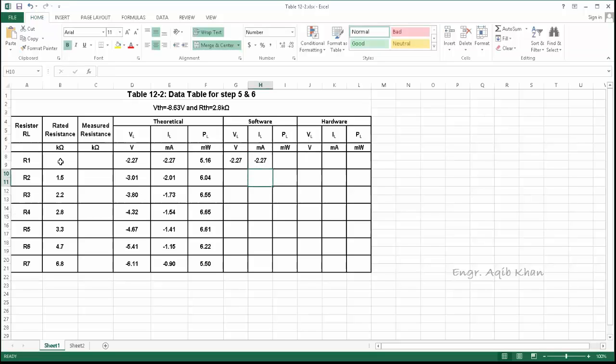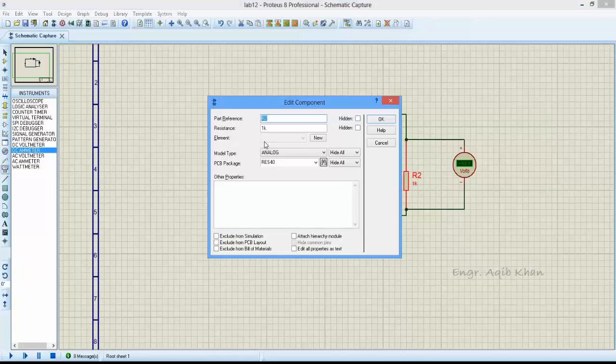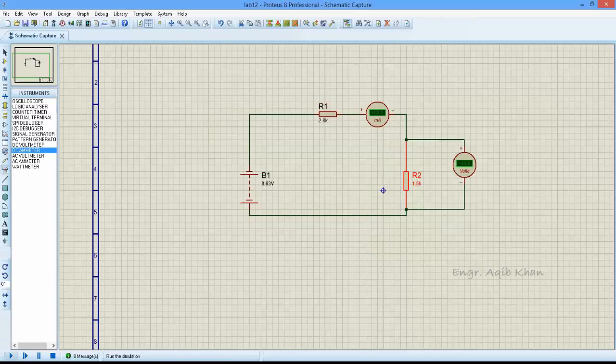The next value RL is 1.5 kilo. VL is minus 3.01 and current is minus 2.01.